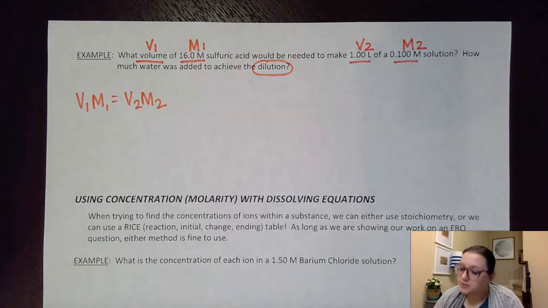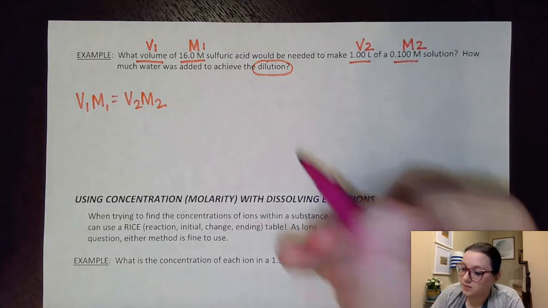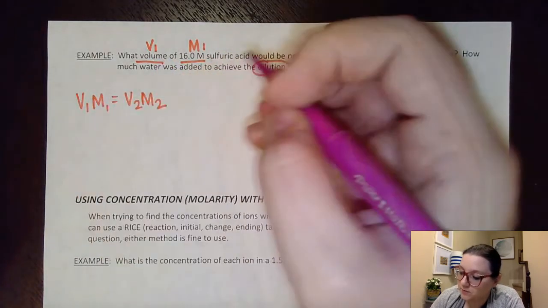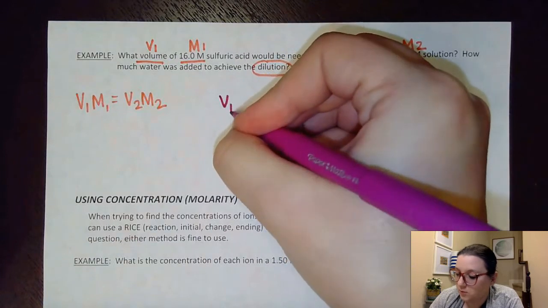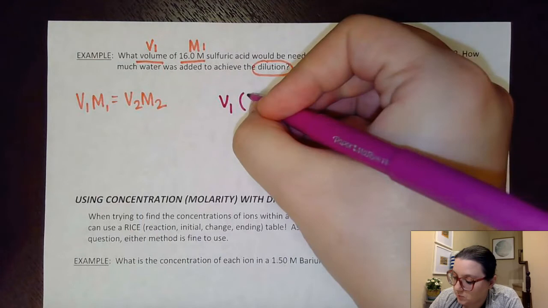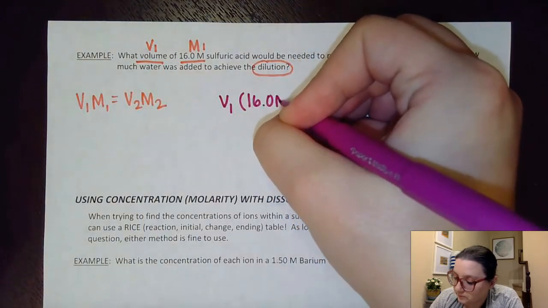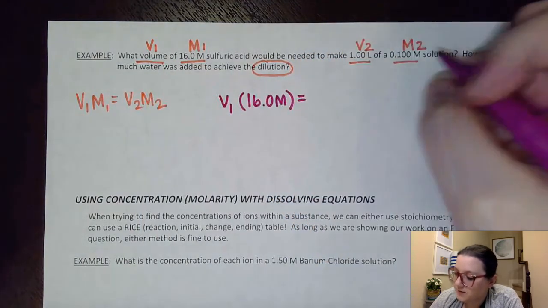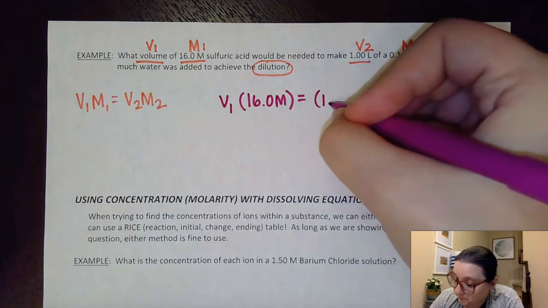So to see how this calculation would work, I'm going to plug everything in here. I'm looking for V1, so you can either write V1 or you can write X there. My M1 would be 16 molar. My V2 would be 1 liter.